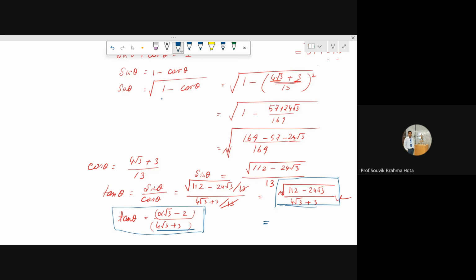So square root of 112, if you check by long division method, square root of 112.